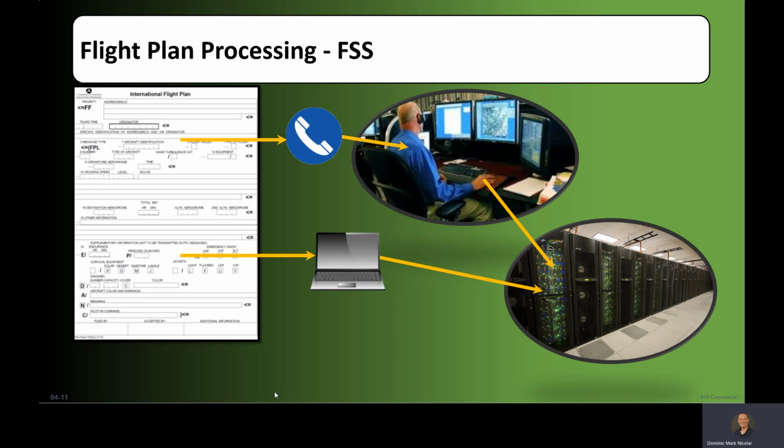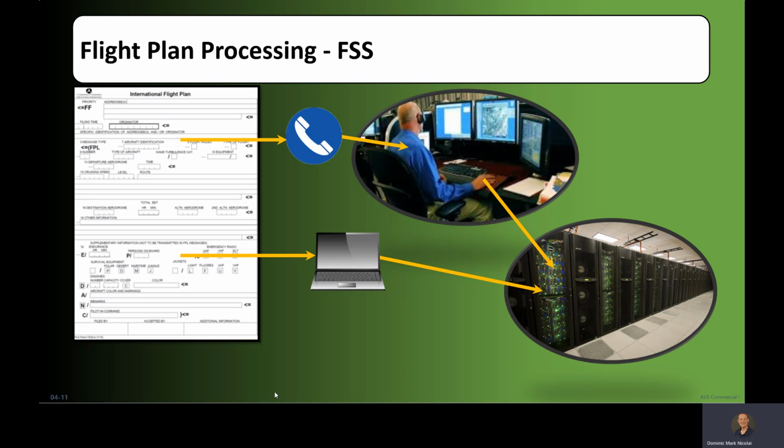If you choose to use a computer or electronic flight bag, you're probably going to be using 1-800-WXbrief.com. That's Leidos, the flight service website, where you can put a flight plan in.